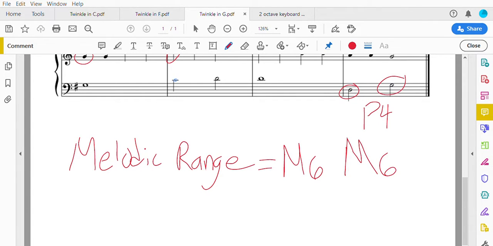If I want to talk about something like a minor sixth, I would do a lowercase m, which I feel does look different from my uppercase, and I'll also make that 6 bigger. Now that's really exaggerated, but that's the kind of idea. You'll have a lowercase letter and a bigger number, just so that way there's no confusion. But once again, we have a melodic range of a major 6.